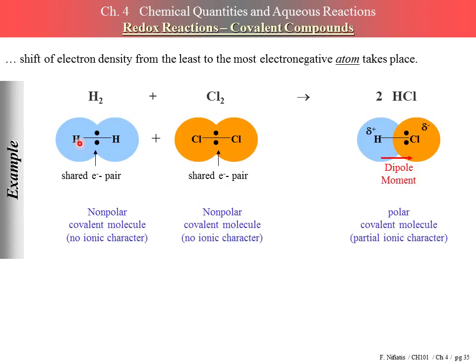Let's go with the first one. No matter what the electronegativity of the two atoms is, hydrogen and hydrogen is the same. So this pair is going to be exactly at the middle. The same with this one here. No matter what the electronegativity is, it's the same. So the shared pair is going to be exactly in the middle. What does it mean?